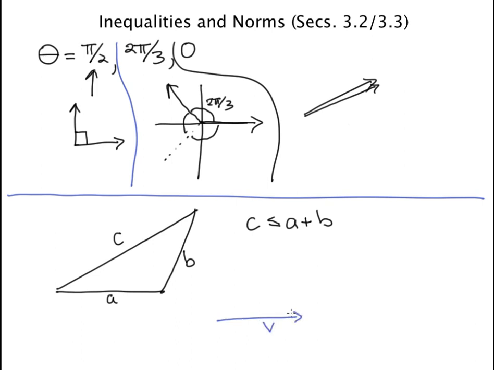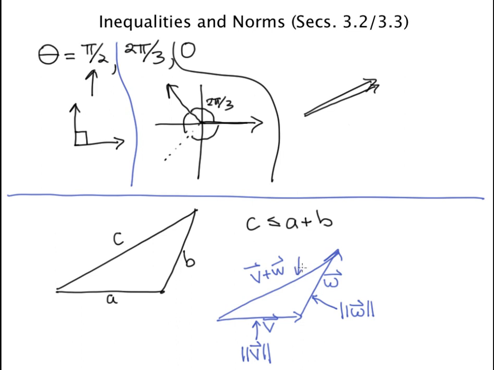If you have a vector V and another vector W, then this vector is V plus W. And the length of this vector is the length of V. And the length of this vector is the length of W. And similarly here, you're getting the length of V plus W. So to say C is less than or equal to A plus B is exactly the same thing as saying that the length of V plus W is less than or equal to the length of V plus the length of W.